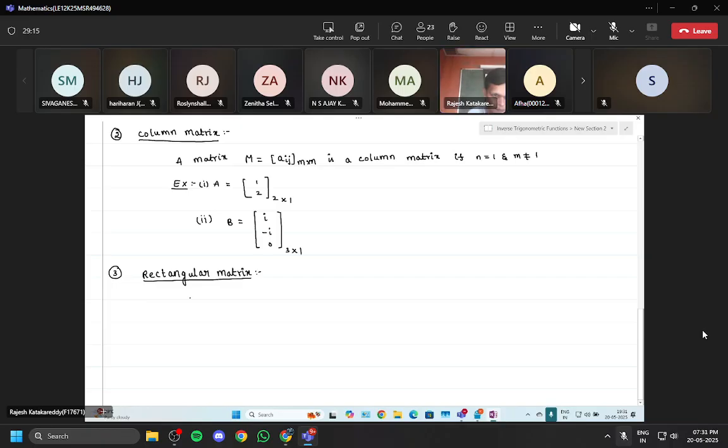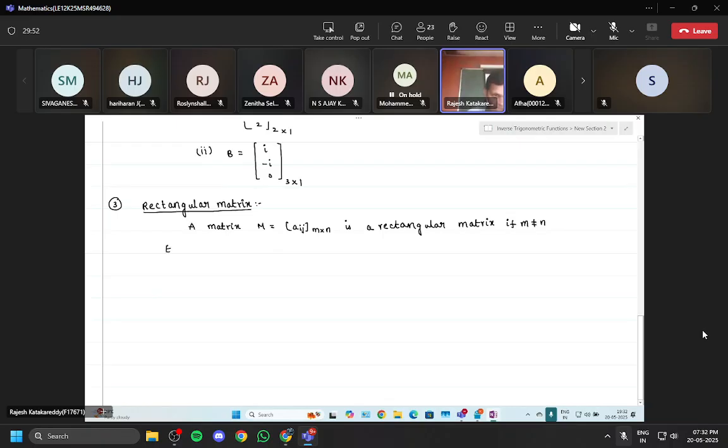So like a matrix M is equals to Aij of order M by N is a rectangular matrix if M is not equals to N. In other words, if number of rows is not equals to number of columns, that is a rectangular matrix.